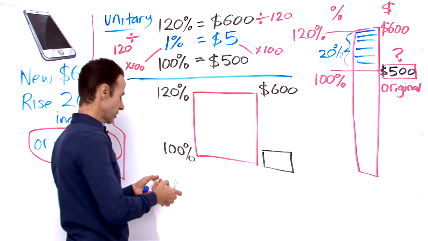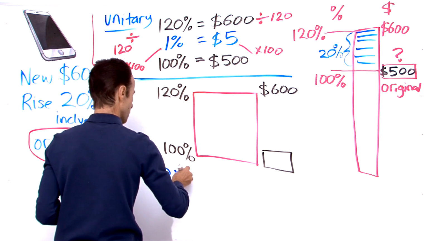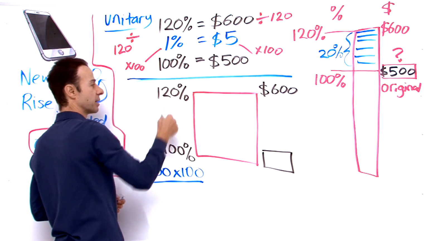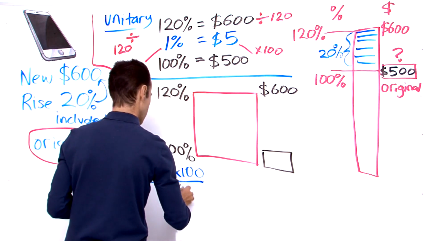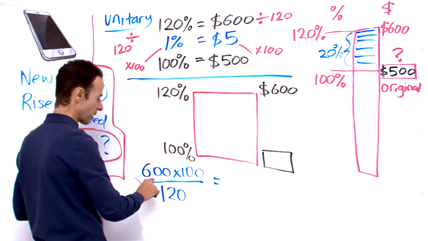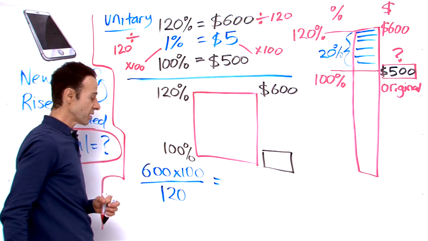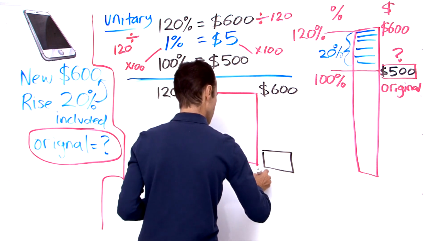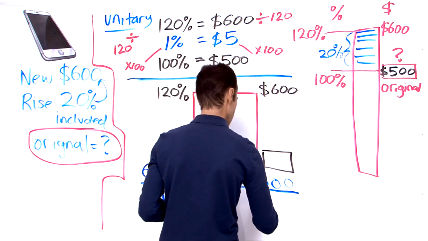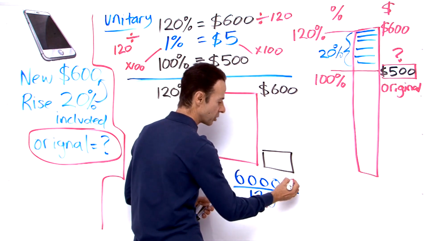Let's go ahead and do that. 600 times 100, divided by the other corner, divided by 120. What's that going to equal? 600 times 100 is going to be 6 with 4 zeros, so I'll put 6, 1, 2, 3, 4, all over 120. Now we've got a 0 on the top and a 0 on the bottom. We can cancel that, like dividing top and bottom by 10.